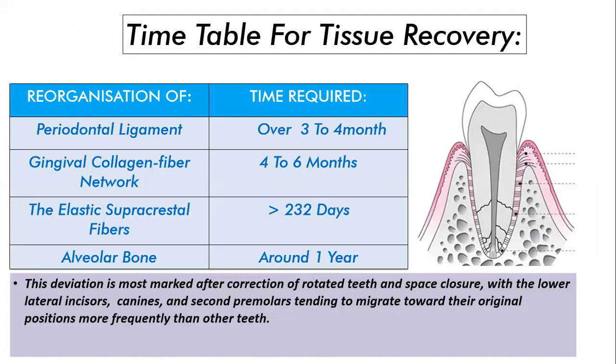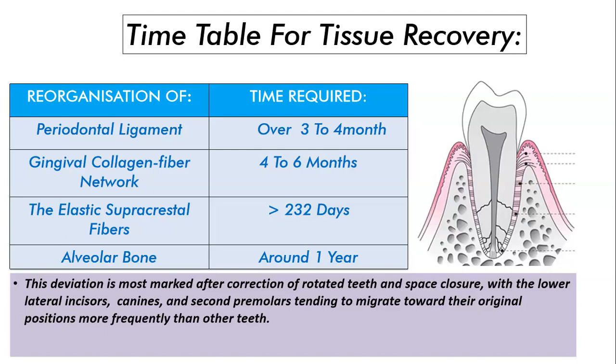So I would say write down this table quickly. The PDL as a whole takes about 3 to 4 months for complete recovery and reorganization. Gingival collagen fiber network takes about 4 to 6 months. The supracrestal fibers, which are gingival fibers, take more than 232 days, and the alveolar bone takes around 1 year.